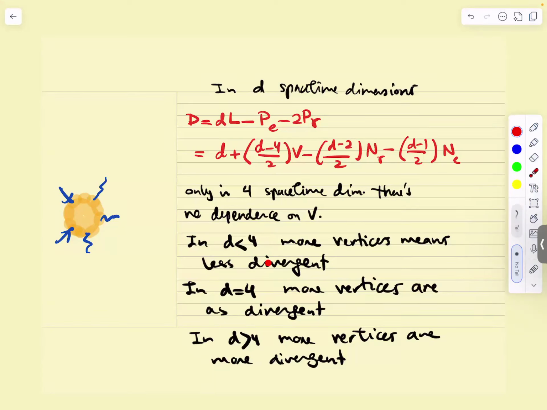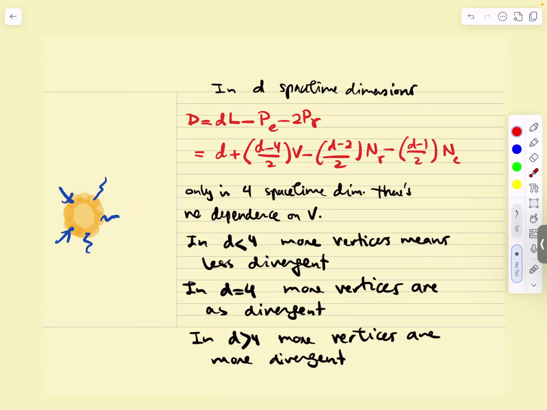When d is less than 4, it just means that you draw the diagram with the lowest number of vertices, and that tells you the superficial degree of divergence. With d larger than 4, it means that as you increase the number of vertices, the divergence gets worse and worse. So to calculate an amplitude like this, you have to sum all of them.